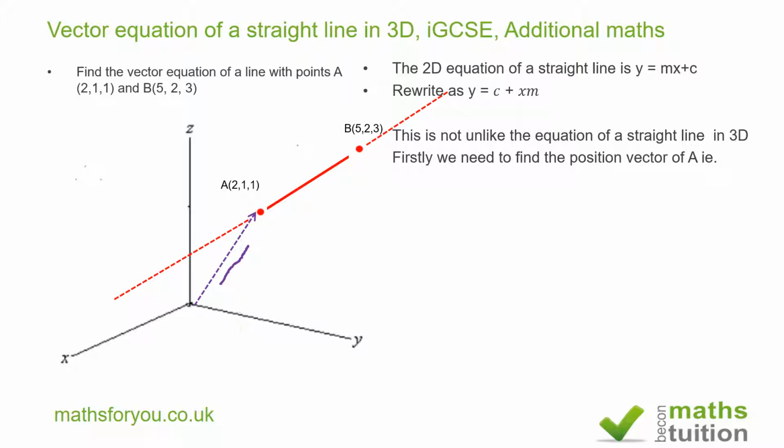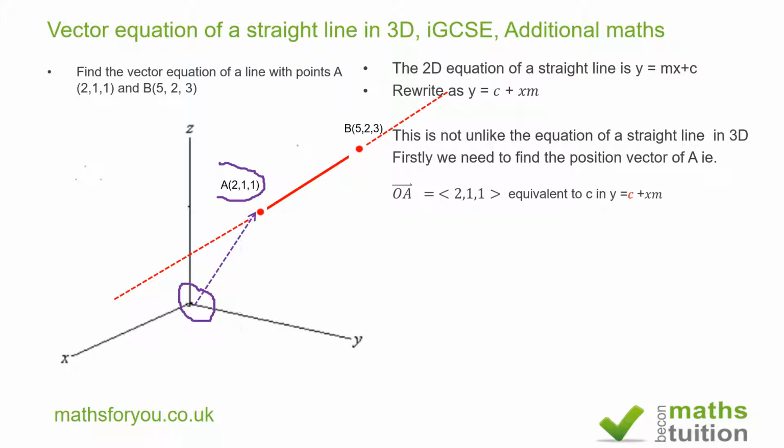Now, to find the position vector of A, we know that the coordinates of the origin are 0, 0, 0, and hence the components of the position vector of A will be the coordinates of the origin subtracted from the coordinates of A. So we do 2 minus 0 is 2, 1 minus 0 is 1, 1 minus 0 is 1.